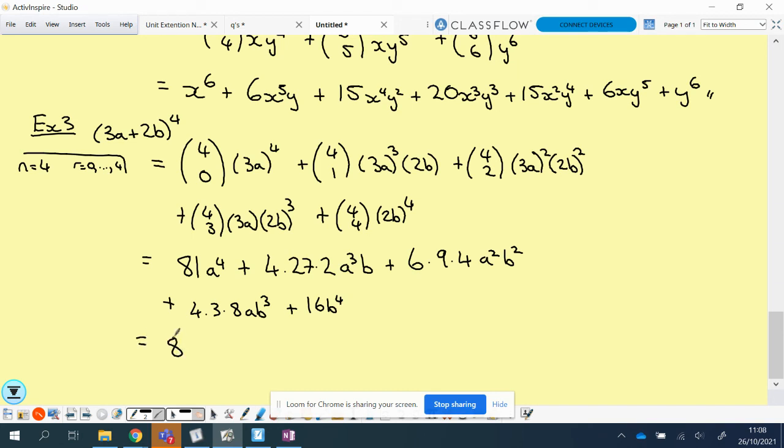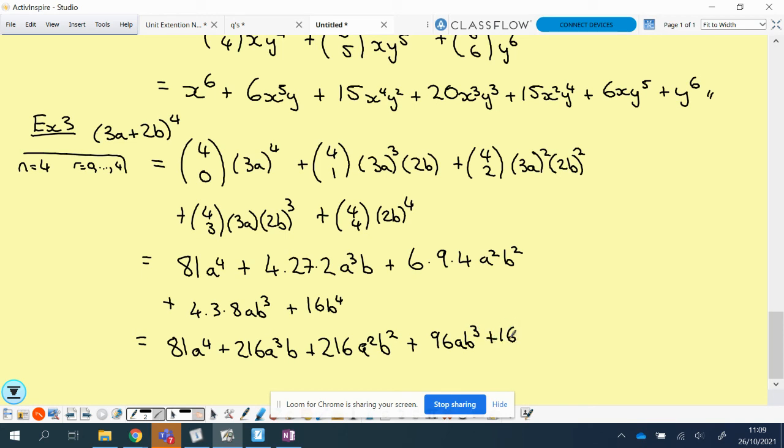So if I tidy that up, I'm going to get 81 a to the power 4. My next term becomes 216 a cubed b. Third term becomes 216 a squared b squared. 4 times 3 times 8 will give me plus 96 ab cubed.